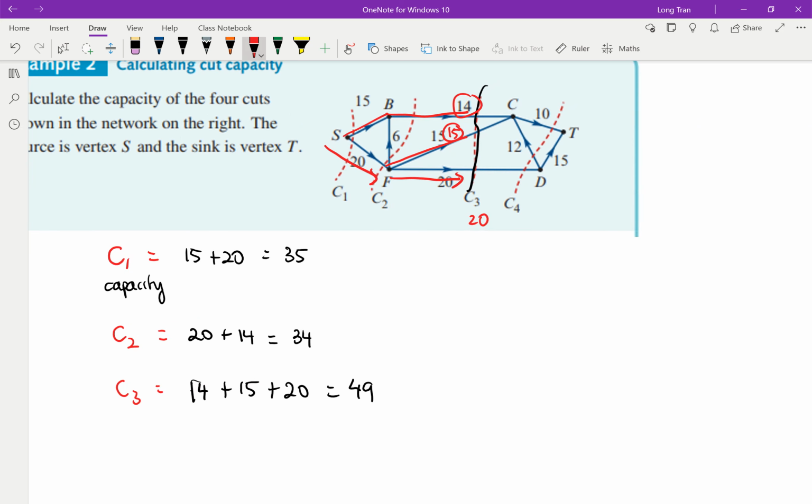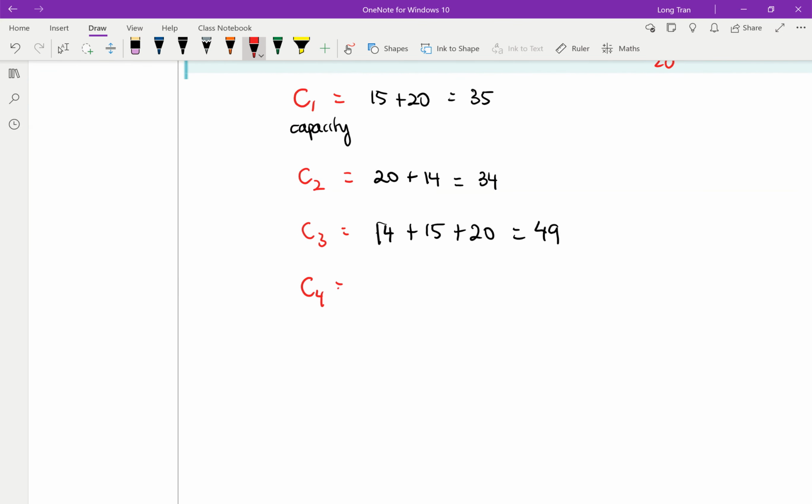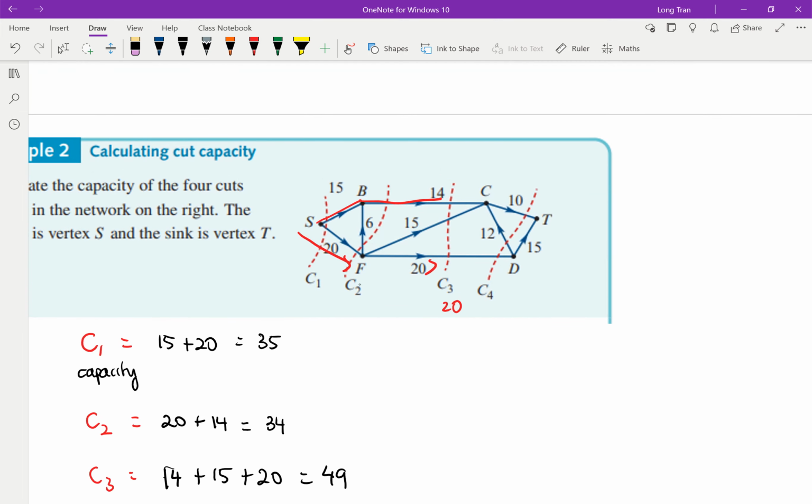And then cut 4, on the other hand. Let's have a look at the flow in cut 4. Cut 4 cuts out 3 edges again. Quite similarly, we know there's a maximum of 20 here, so 20 is coming through, and so really we've got 20 at C4. We can see that therefore 20 doesn't get to D, and so this second edge does not get included, so 12 is not included. But then we can see that F can go 15 all the way to C, and then up here, remember S to B is 15, but then it gets funneled from B to C at 14.